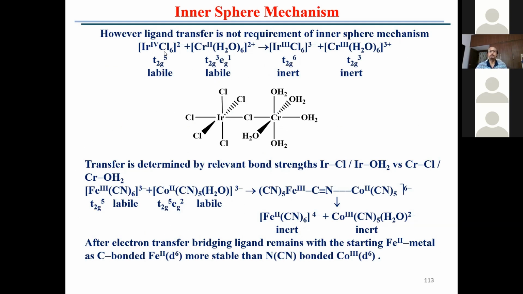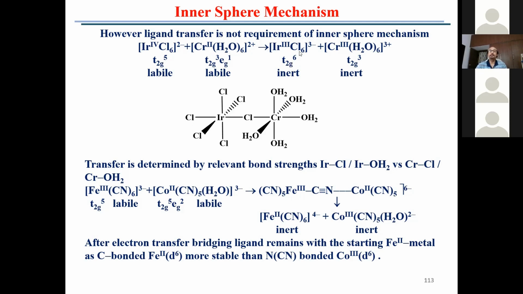This is high spin, this is low spin. In the electron transfer, iridium is reduced to iridium 3 and chromium is oxidized to chromium 3. So this is high spin t2g3, inert. This is low spin t2g6, inert.